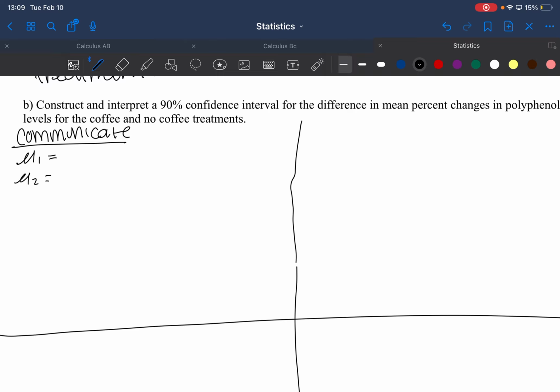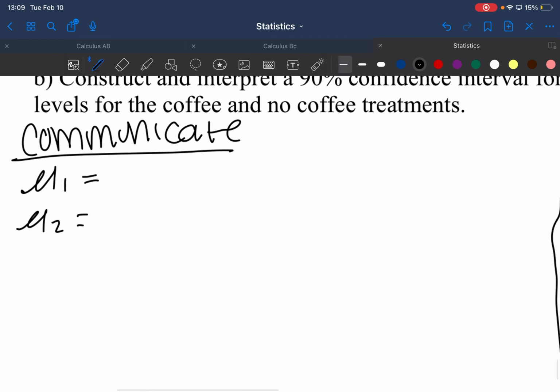Okay, so in our communicate, we first establish our parameters, mu1 and mu2. mu1 is going to represent what? Average level of polyphenols. Average percent, oh, because it mentions that each of these is the percent change.